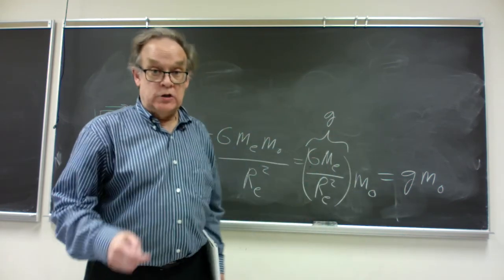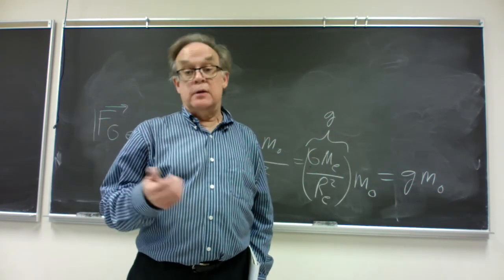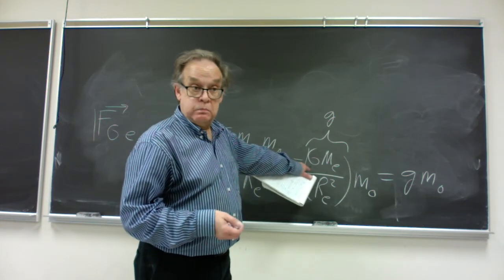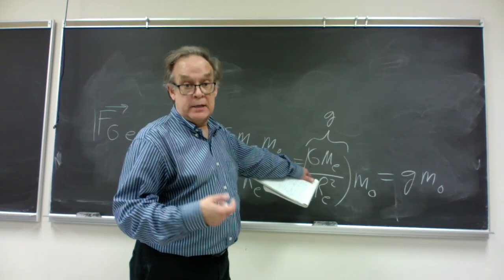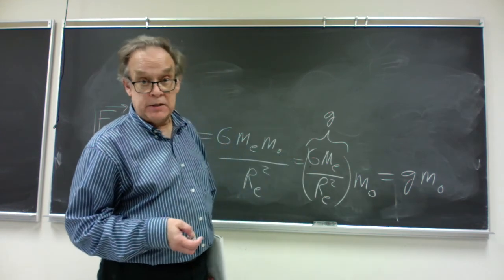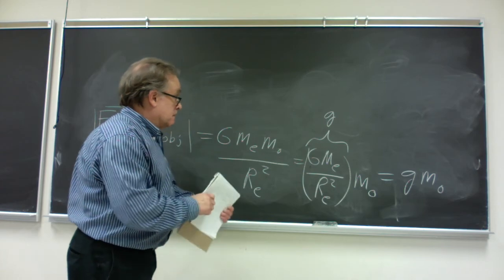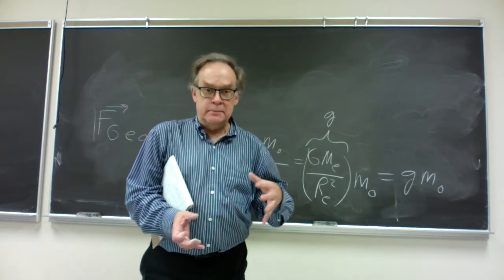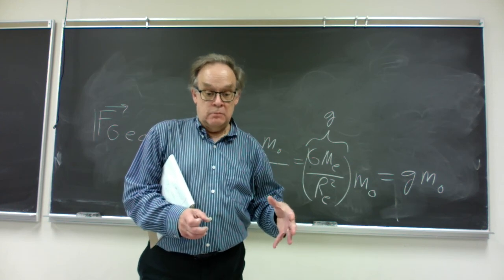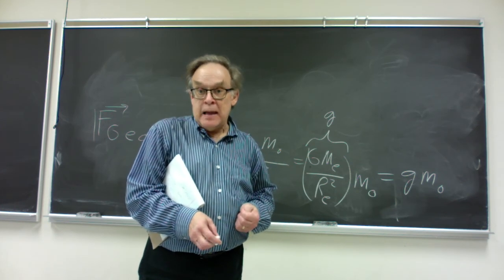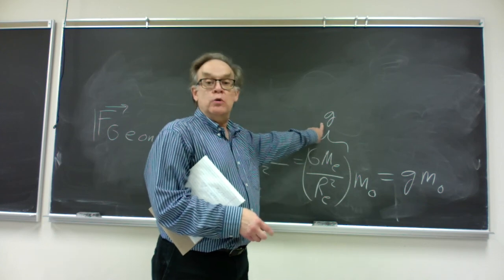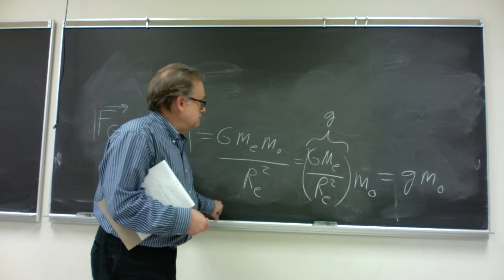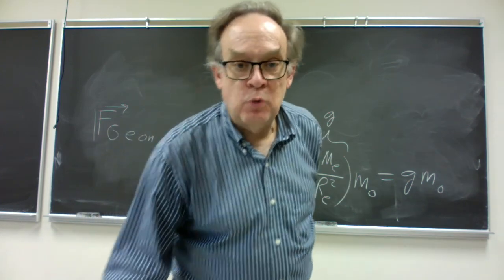You multiply all those factors together and you will come up with 9.8 meters per second per second. That's why g has that particular value of 9.8. And if we were, say, on a planet that had roughly the same size as the Earth, but less mass, then g would be smaller. And we'll continue with more of this in class.